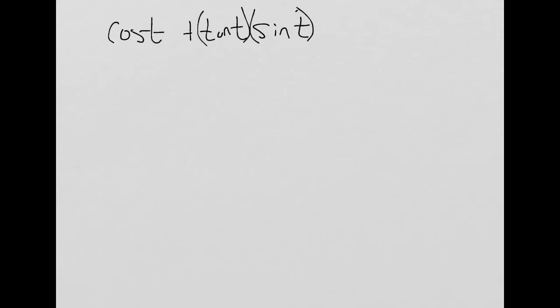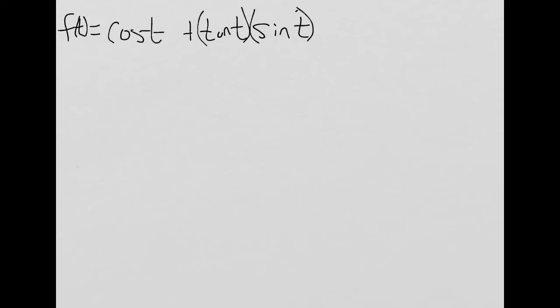If I consider this as some function f of t, and I needed to evaluate it at a fixed point, I'd have to evaluate three different trig functions, multiply two of them together, and add the result. That's a lot. Plus, unless it's one of those nice reference angles that we've got in our table, I'm going to be approximating every time. The multiplication will be an approximation, the addition at the end will be an approximation. I'm going to get pretty far away from what I'm actually looking for.